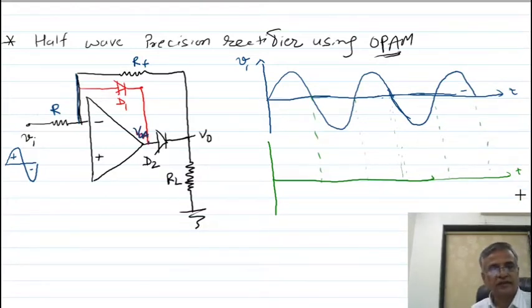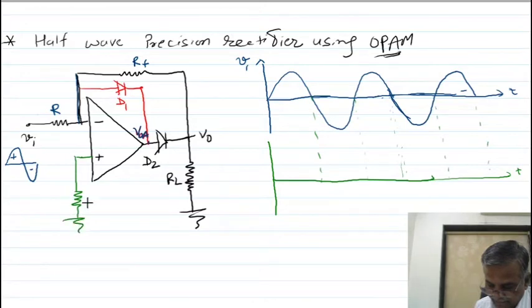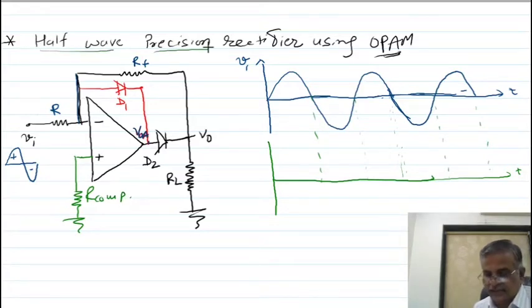Look here. Let us start how the circuit will work. The circuit diagram of the half wave precision rectifier using the op-amp is shown in the figure. This is actually an inverting amplifier.